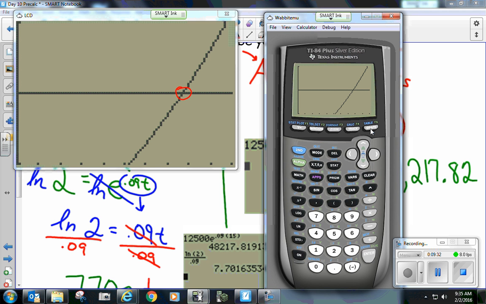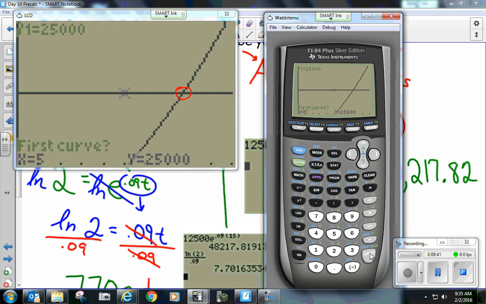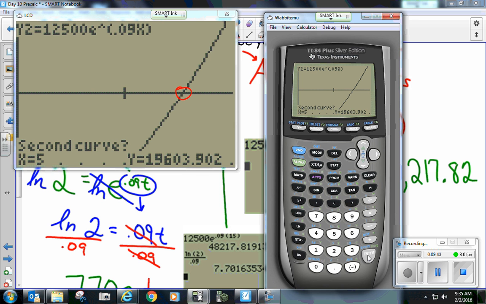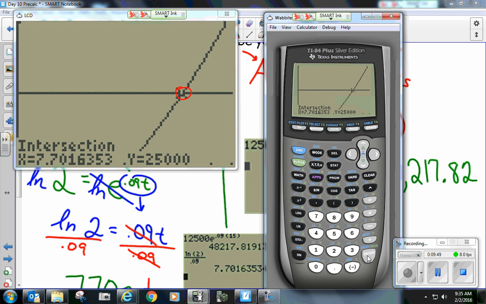How do I figure out the intersection? Well, if I want to calculate something, let's calculate the intersection. Enter. Enter. Enter. 7.7. Look at our x value. 7.7. Beautiful. You should have applauded. It's great. Good stuff.